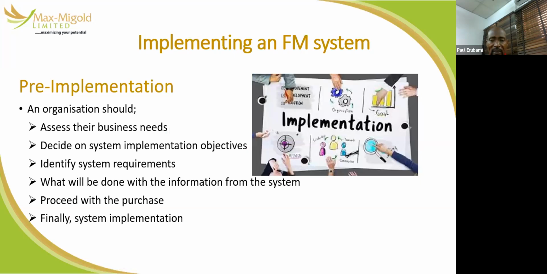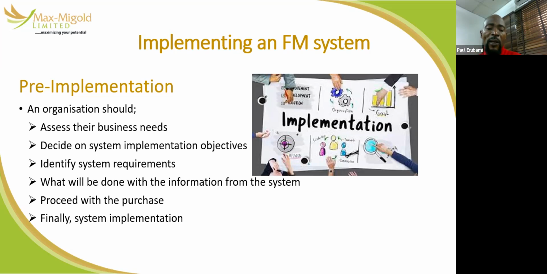When you are implementing, after you have chosen your software and you want to implement it, what are the processes you need to take? How do you go about it? So an organization should assess their business need before making a choice of any software. That is before implementation. Decide on system implementation objective.